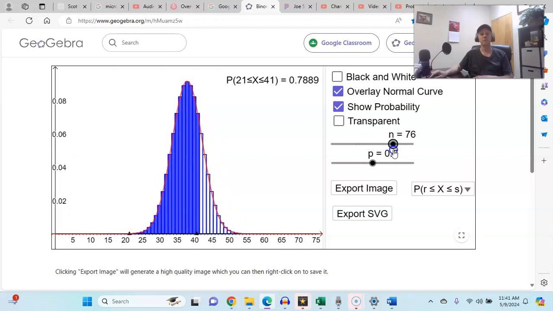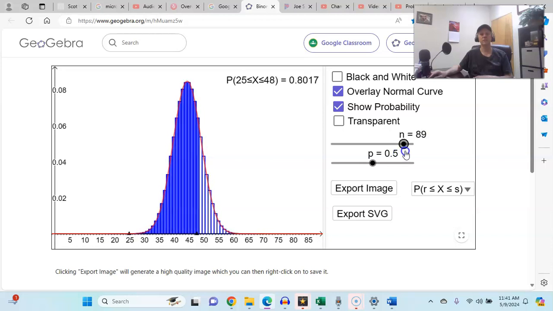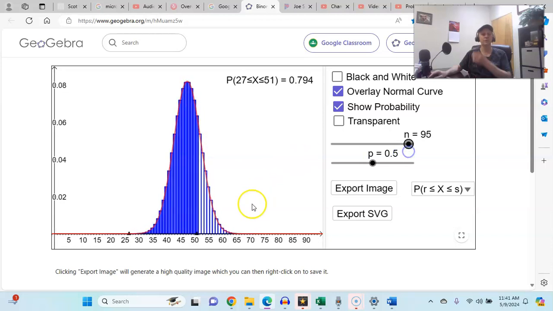By the time you get close to n equals 100, it's almost hard to tell with the naked eye that it's not a smooth curve. And very often in statistics, we take samples in the thousands. So you can imagine how smooth this would become if it represented a survey of 1,000 people.